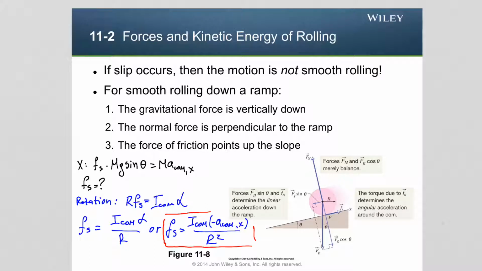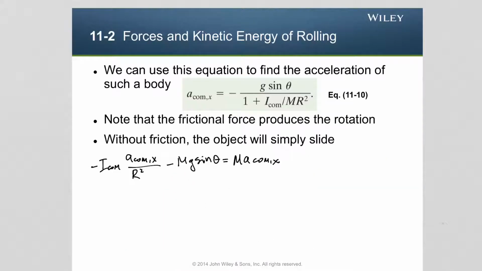So now I can substitute the expression that I just got for the force of friction Fs into the second law equation for the linear part of the motion and rearrange the terms to get an expression for the acceleration of the center of mass. So minus I_cm times a_cm,x over r squared minus mg sine of theta is equal to m a_cm,x.